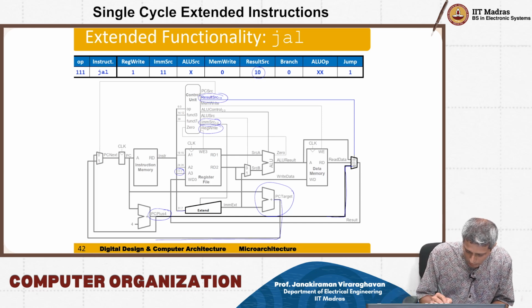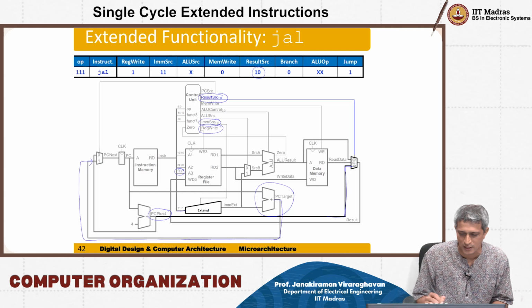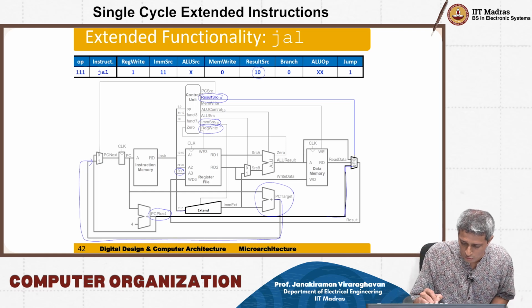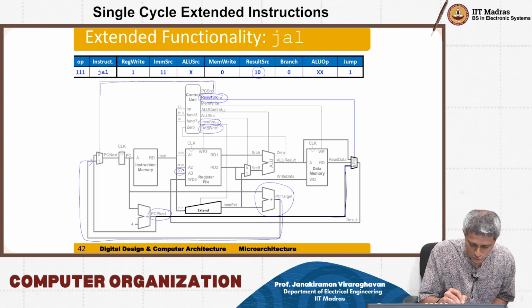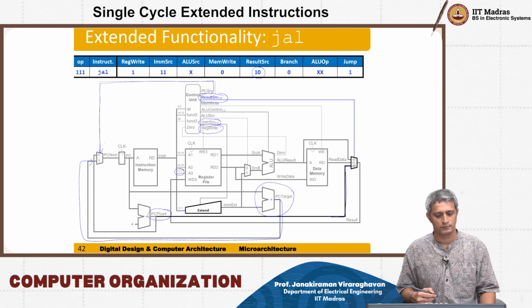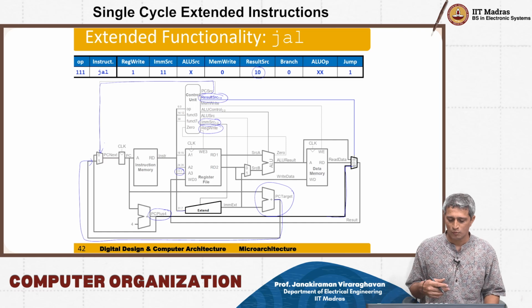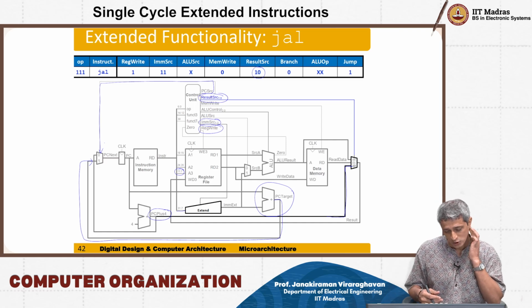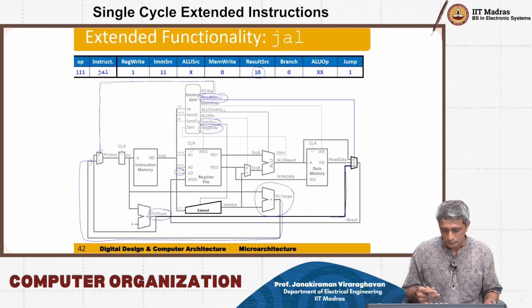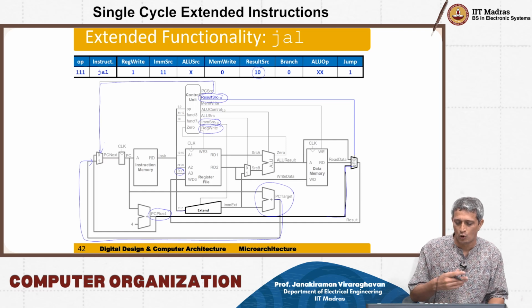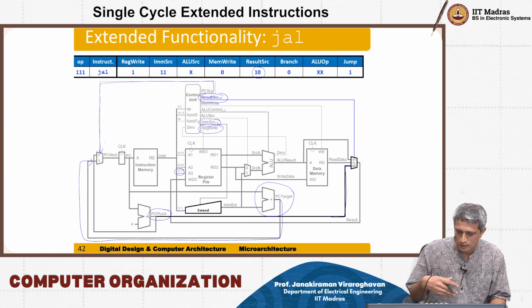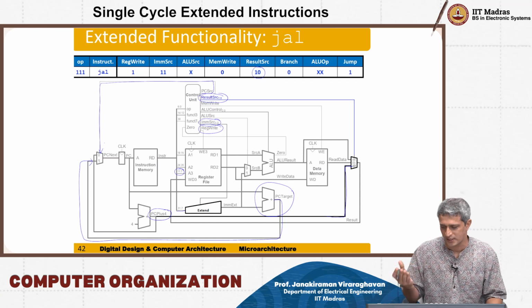It is going back to another multiplexer like this, which is controlled by this PC source out here. So this was 0 and 1. So it is more a case of where this whole next instruction has to reside.